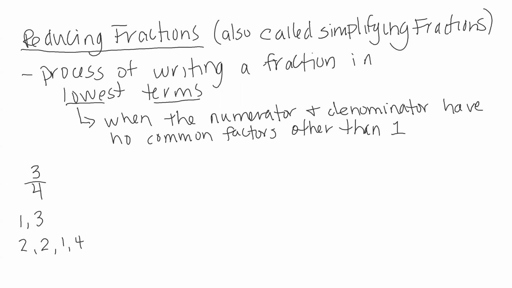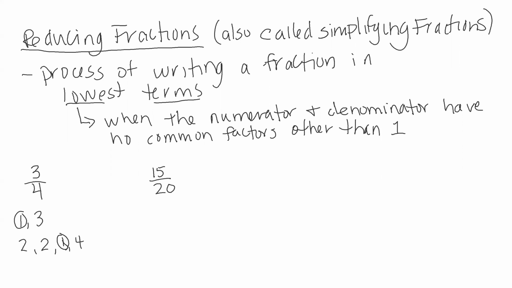I can multiply 1 and 4 to get 4. And then I can multiply 1 and 3 to get 3. And if you look at these two lists, the only number we have in common is 1. All right, well, this fraction would be considered lowest terms because the only factor that is common to the numerator and denominator is 1.